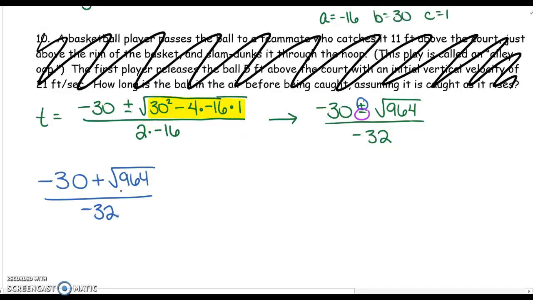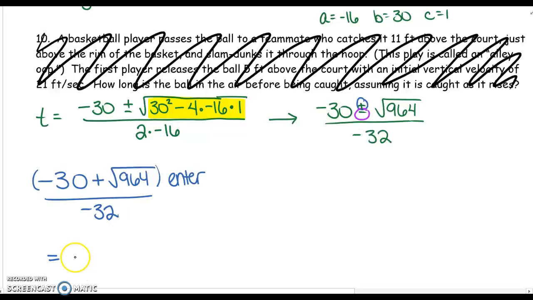Warning, if you do this all in one step, you have to put parentheses around the numerator. If you don't want to remember the parentheses, simply do the entire top, negative 30 plus square root of 964, hit enter, leave that in the window, and then say divided by negative 32 to get your answer.